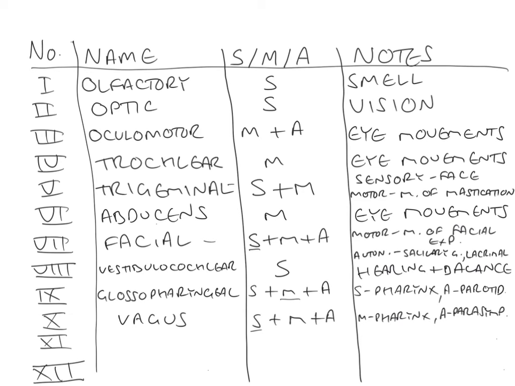The 11th cranial nerve is known as the accessory nerve, and I like to think of the 11th cranial nerve being called the accessory nerve because we're not quite sure where to put it, and it can be a little bit confusing.